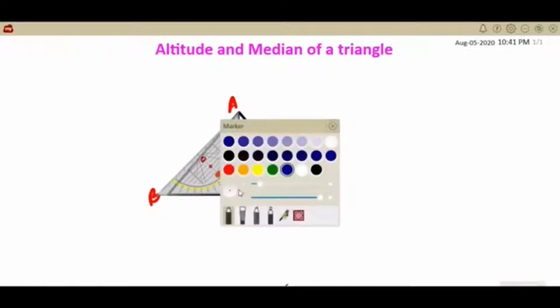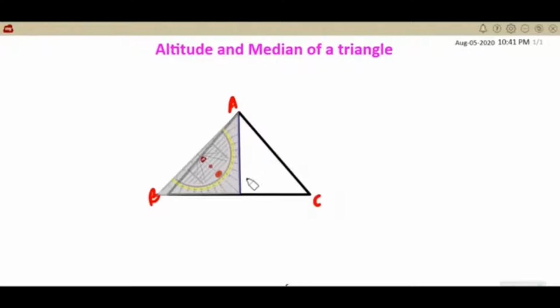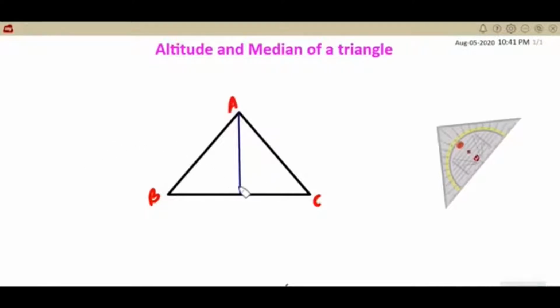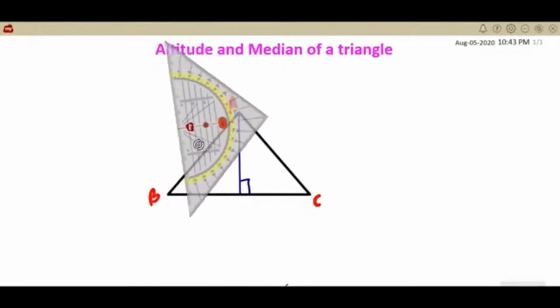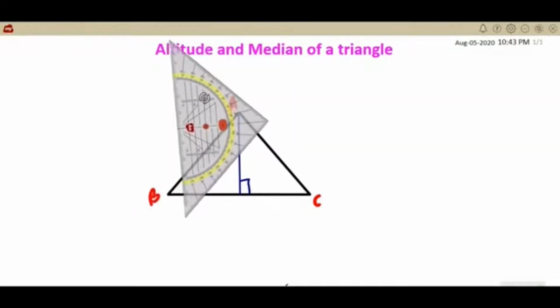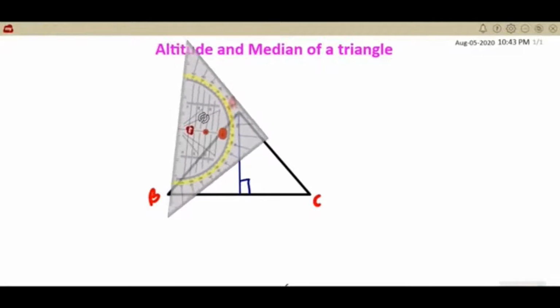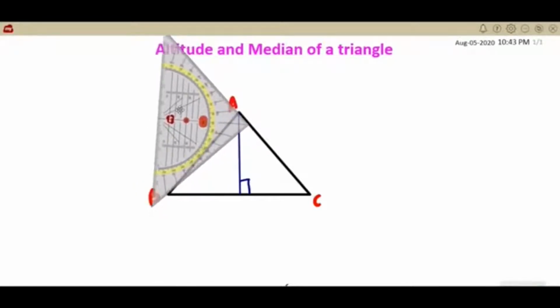This way you can draw the altitudes of the other sides of the triangle, like AC and AB. For that, we need to take the set square aside. This is a right angle, 90 degrees, which can be marked like this. Now, to draw from the other side, we use the same mechanism.